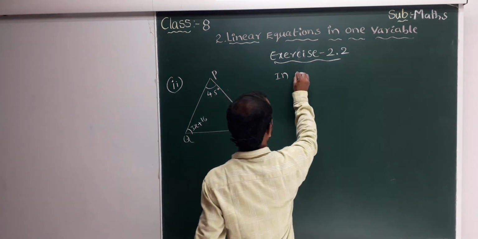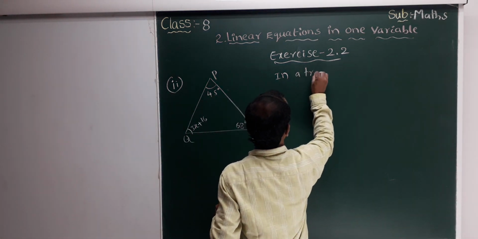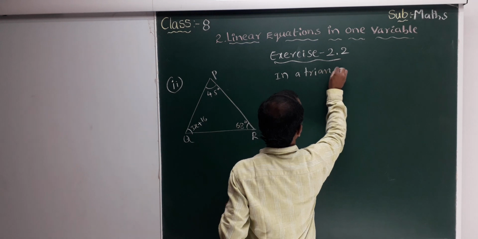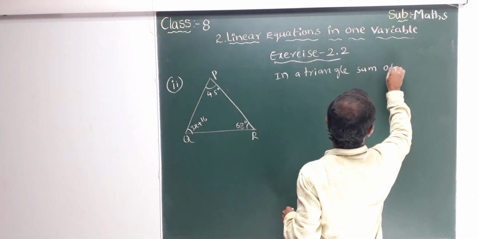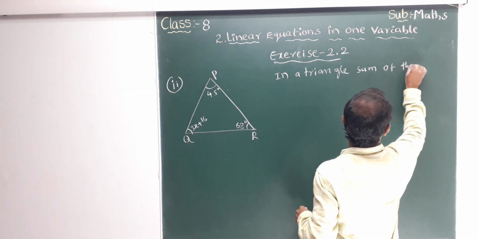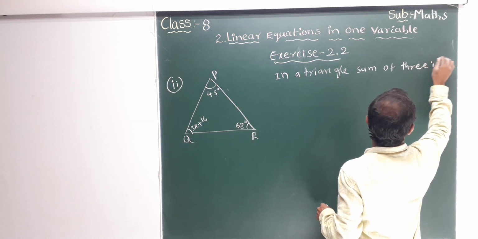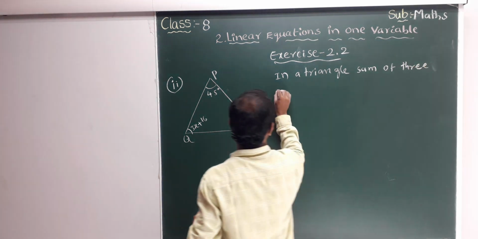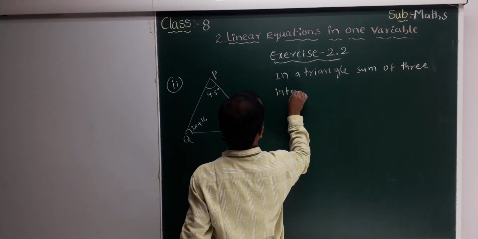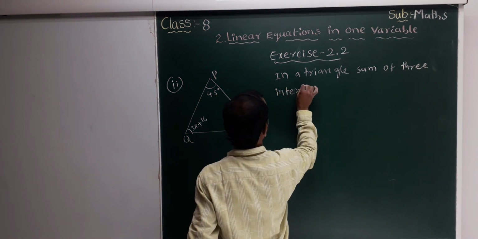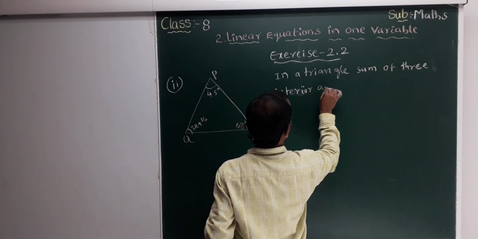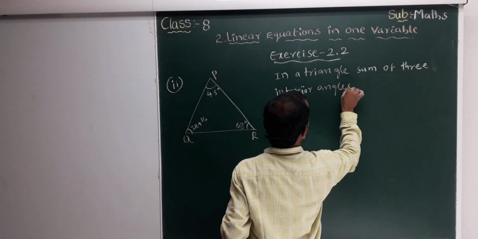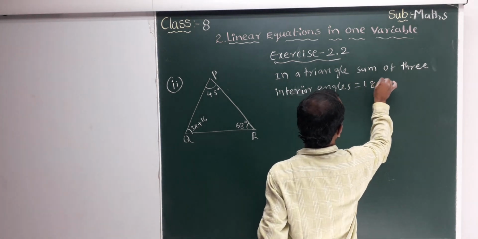In a triangle, the sum of three interior angles equals 180 degrees.